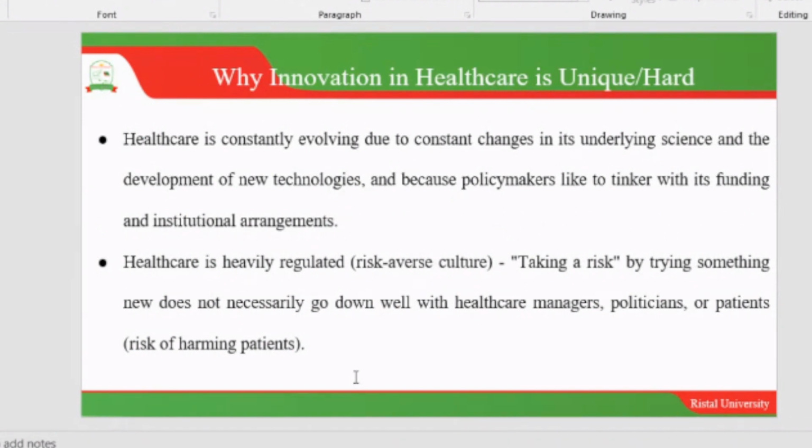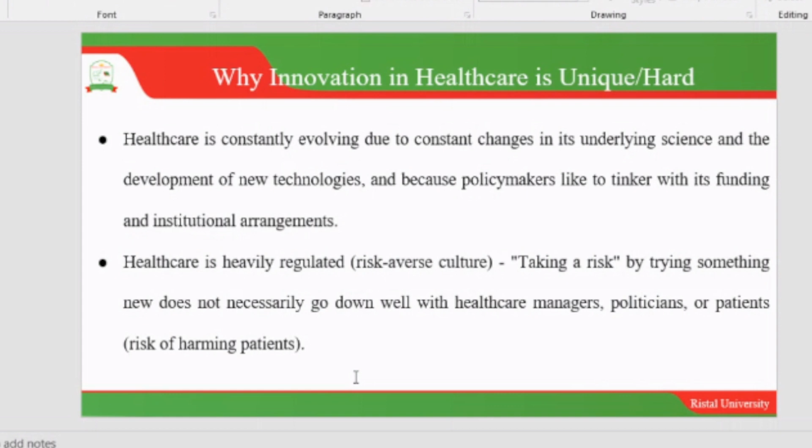So taking a risk by trying something new does not necessarily go down well with healthcare managers, politicians, or patients, okay? So that is the problem with this healthcare sector, that sometimes you might put in place an innovation, and because of these regulations it is rejected.